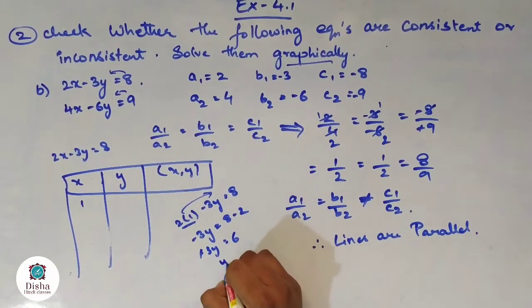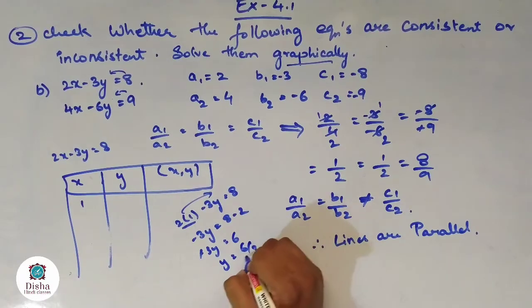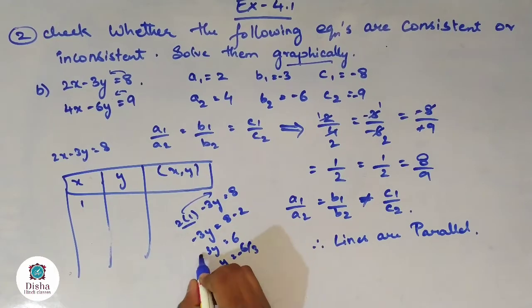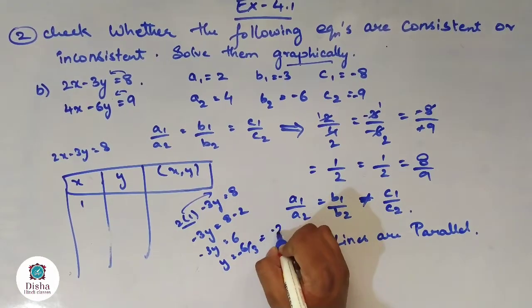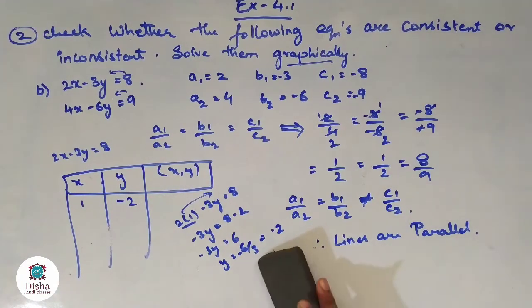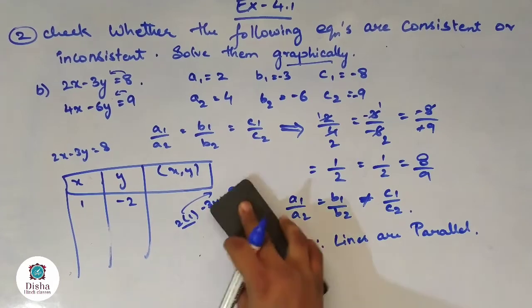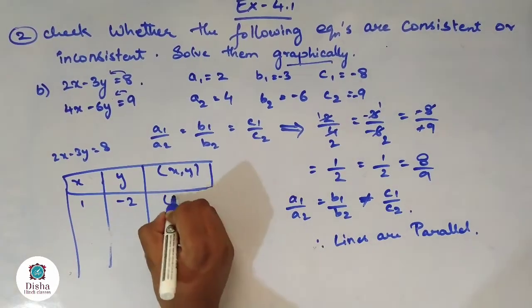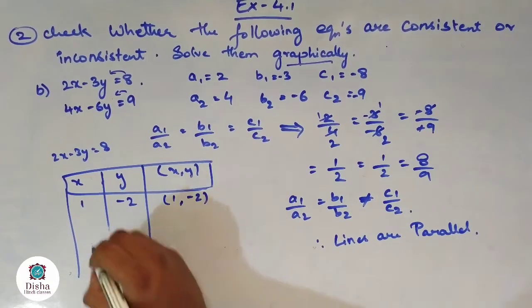So y equals 6 by 3. It is minus, so minus 3 into... therefore we'll get minus 2. So y will be minus 2. You have to do it for every x and every y you take. So we'll get 1 comma minus 2.